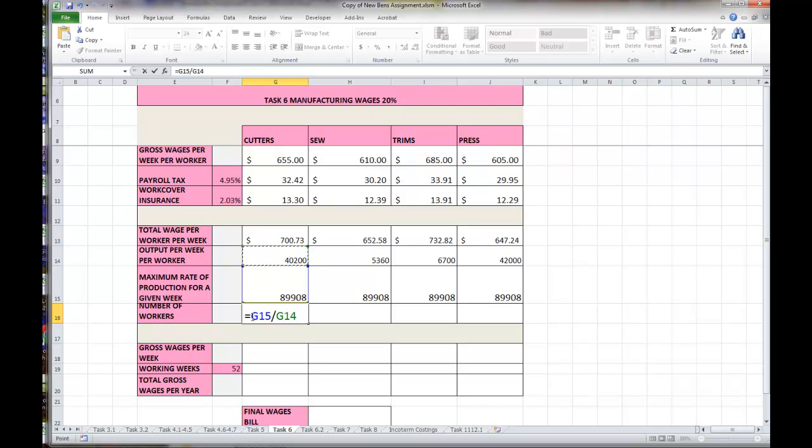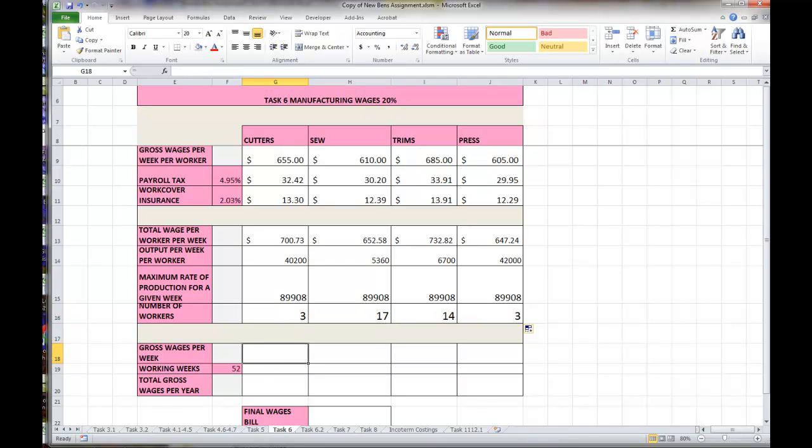I'll actually round this up because we don't want to employ part-timers. Comma 0. So I need 3 cutters, 17 sewers in my factory, 14 trim operators, and 3 presses.